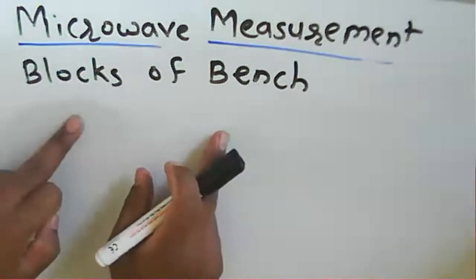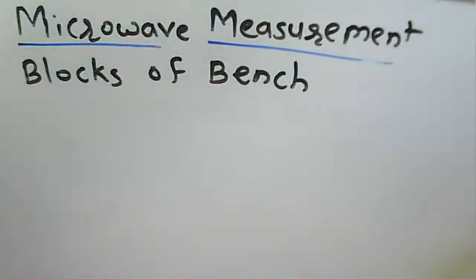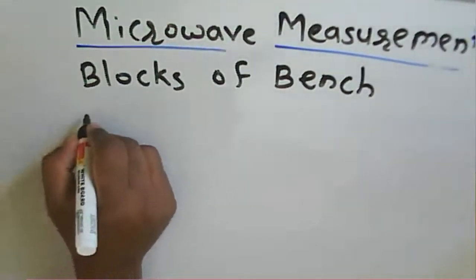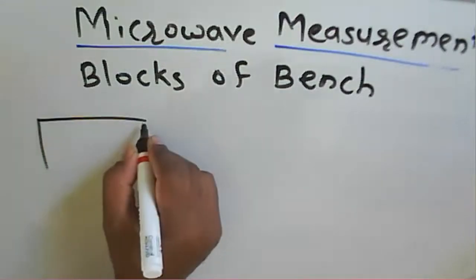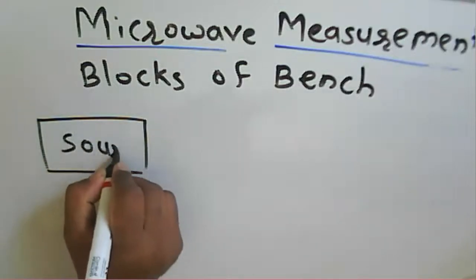Okay, and what are the blocks of the microwave bench? So now we learn the various blocks of the microwave bench. Generally, we say it has a source, so we are supposed to draw the blocks. Initially there is a source.